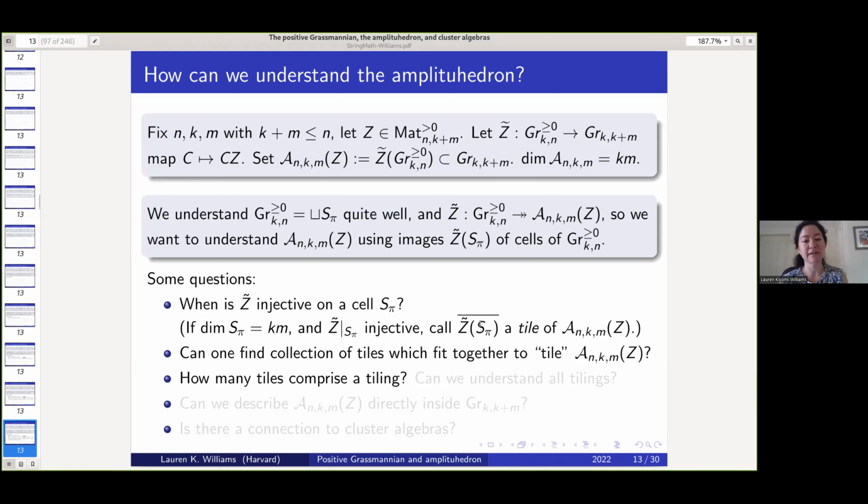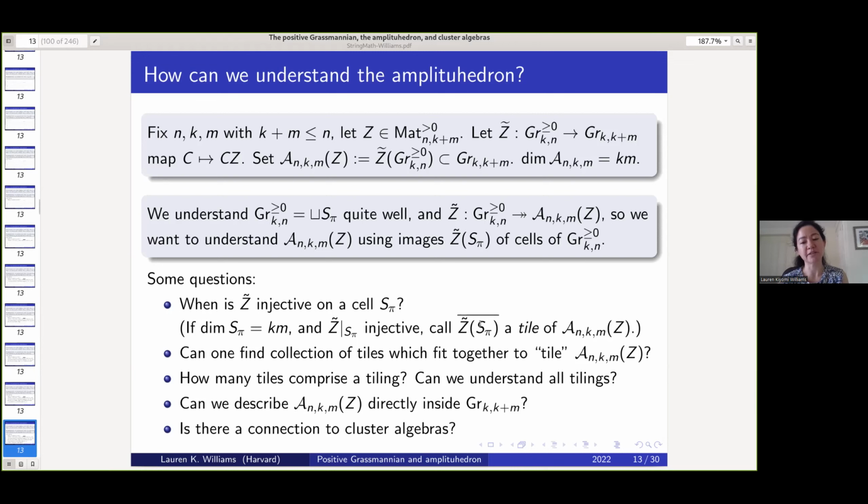Other questions are, how many tiles comprise a tiling? Can we understand all of them? Can we understand the amplituhedron directly inside the Grassmannian? And is there a connection to cluster algebras? So there's a cluster structure on the Grassmannian and various subvarieties of it, so it's natural to ask about this question for the amplituhedron as well.